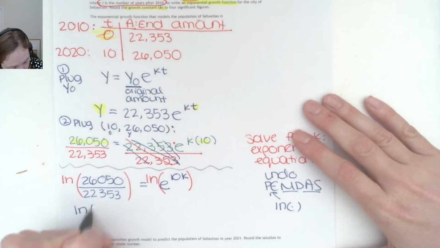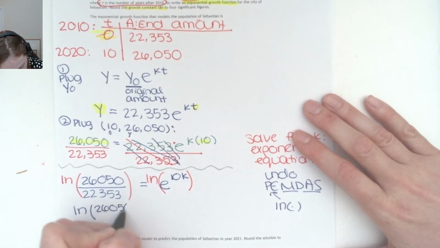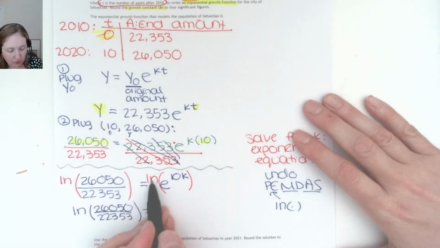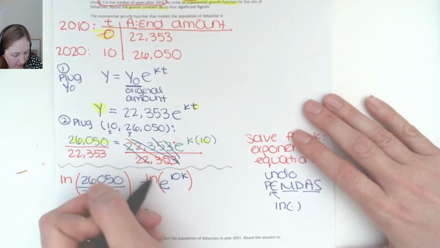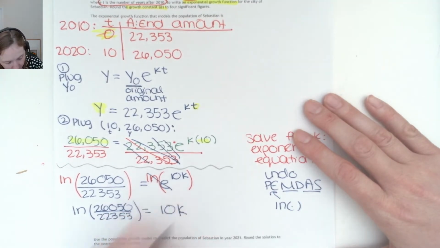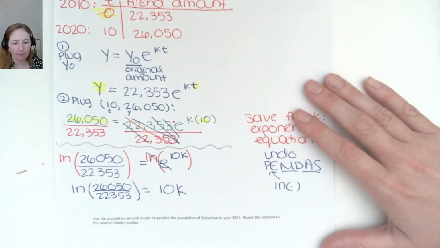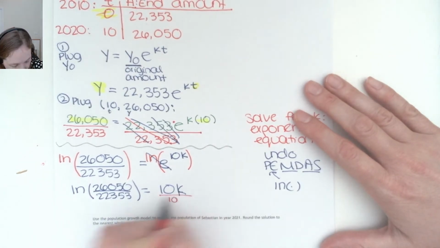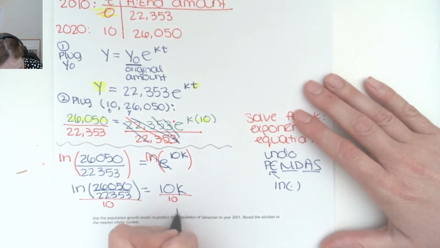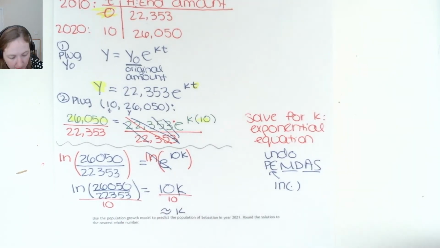Remember that the natural log and the e have the same base, so they cross out, and that just gives us 10k on the right-hand side. Then I can solve for k by dividing both sides by 10. And that gives us k is approximately equal to.